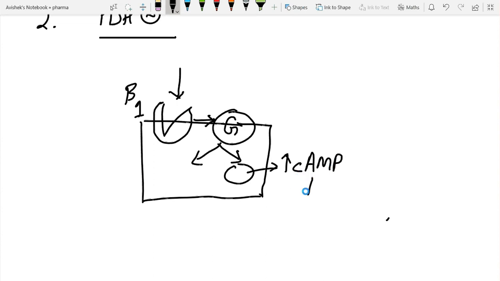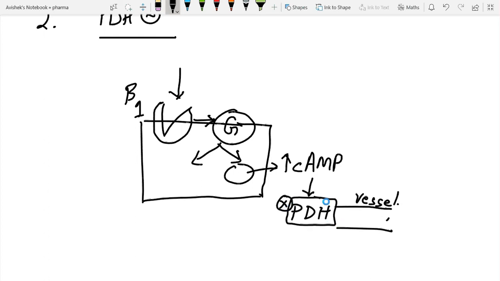This cAMP will go and give this to phosphodiesterase. What will it do? Phosphodiesterase will work on the vessel, and if we inhibit this phosphodiesterase, vasoconstriction will decrease, so the fluid load will be lowered.